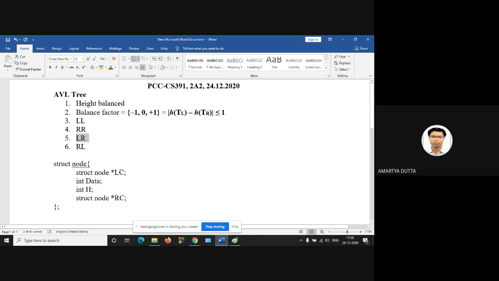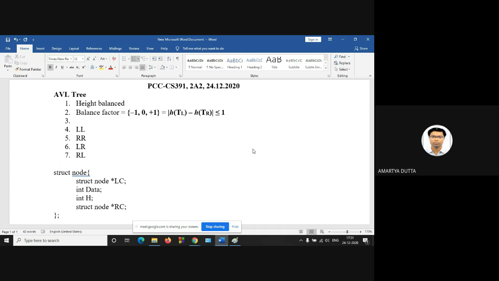Left to right. LR means left to right. So these 4 rotations are required for insertion.